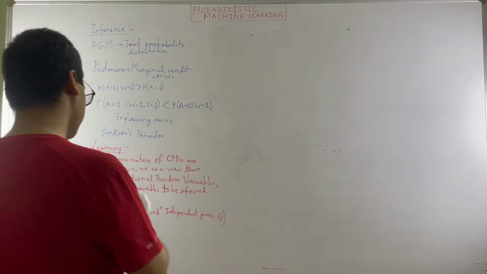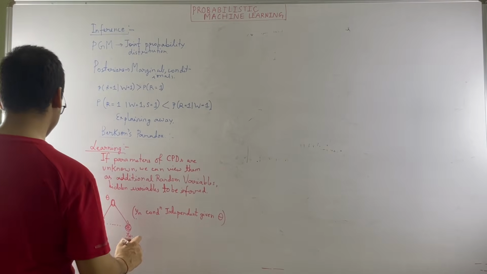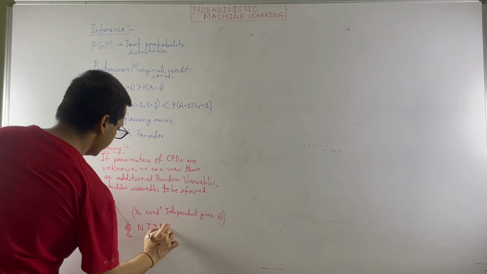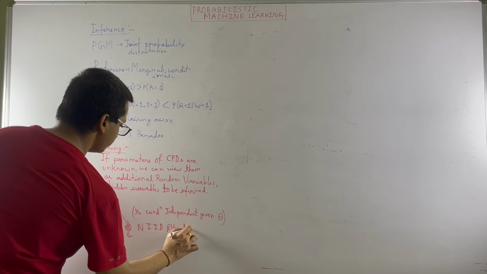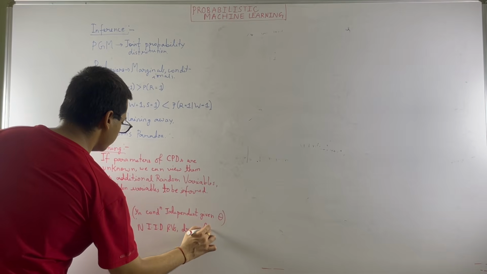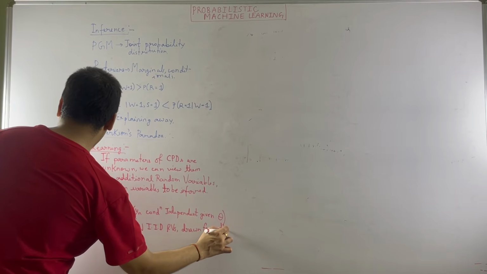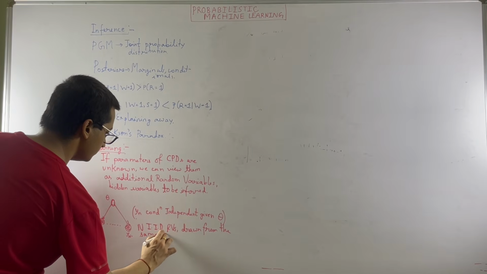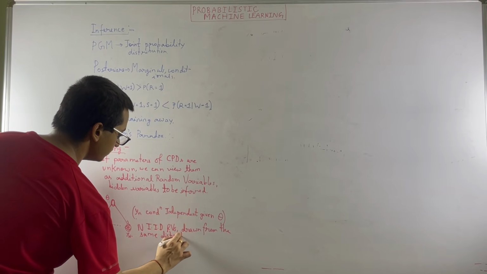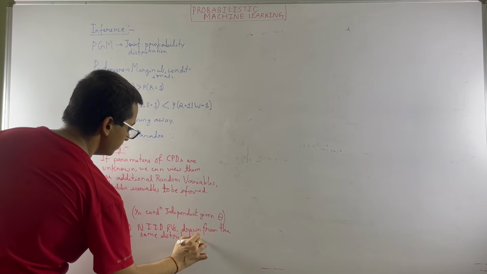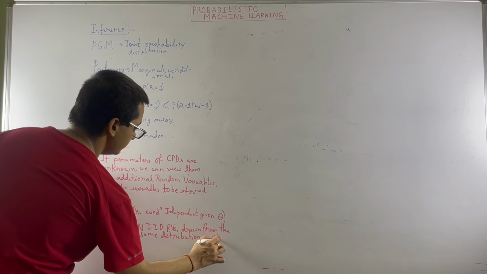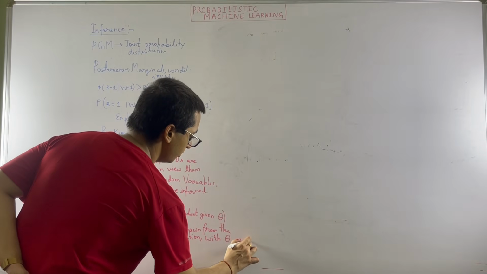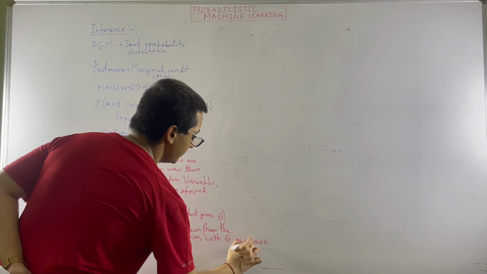Here the setup is that we have n independent and identically distributed random variables drawn from the same distribution, and it has a common parameter theta.